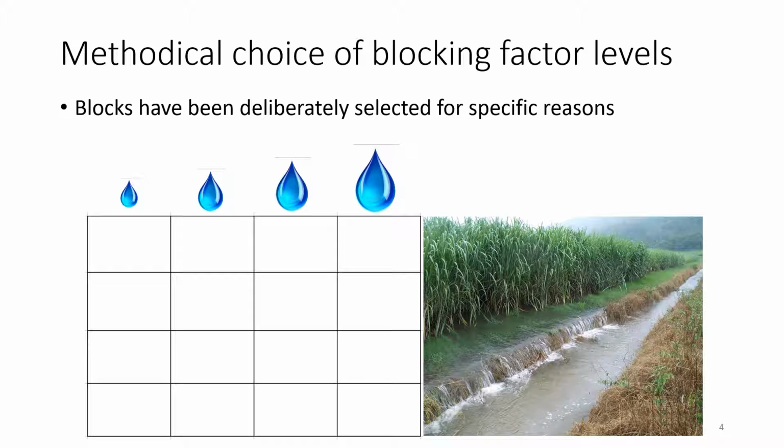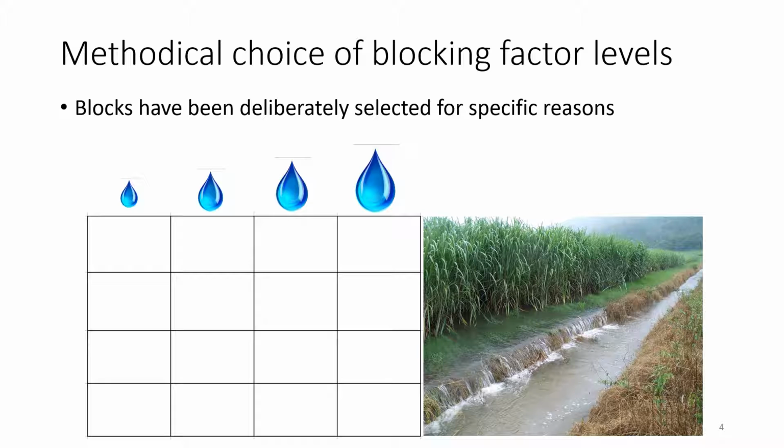Now consider a slightly different situation where there is an irrigation canal on the east side of the field. It's reasonable to assume that the amount of moisture in the soil is the highest next to the canal and the lowest on the opposite side of the field.